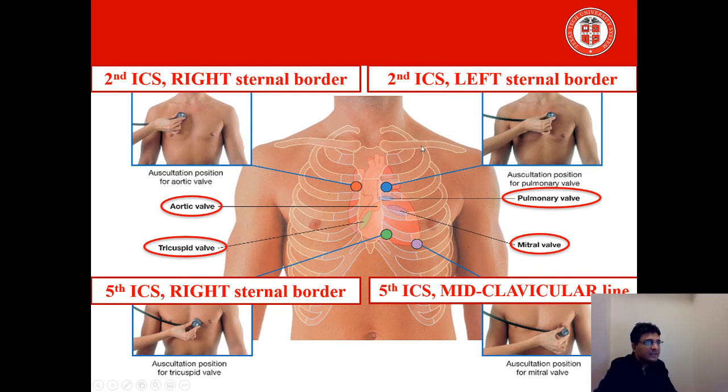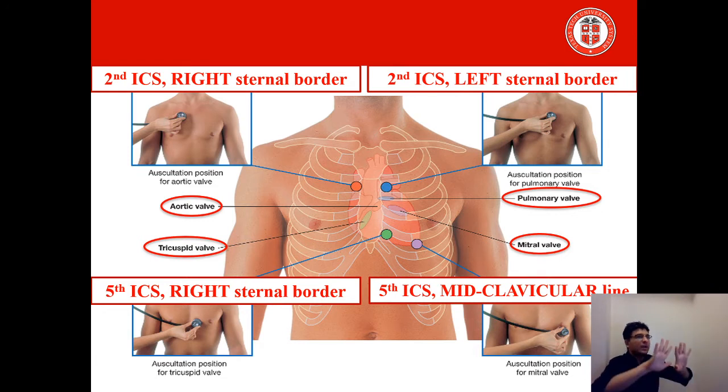Now the question is how you're going to identify the midclavicular line. So this is the clavicle. If you go through the middle of the clavicle, go down, identify the fifth intercostal space using the same old principle which I've just talked about. So this is the first intercostal space, second, third, fourth, and fifth. And in the fifth one, if you move to the midclavicular line, you will find the bicuspid or the mitral valve.